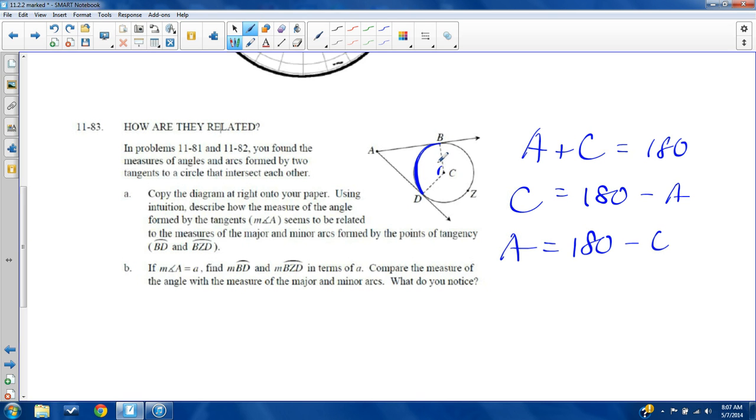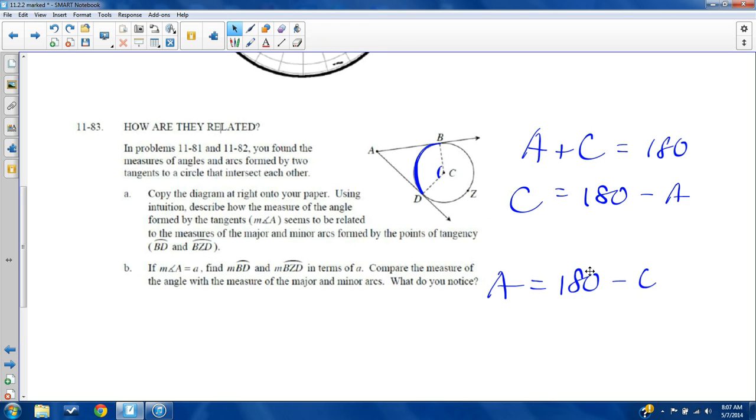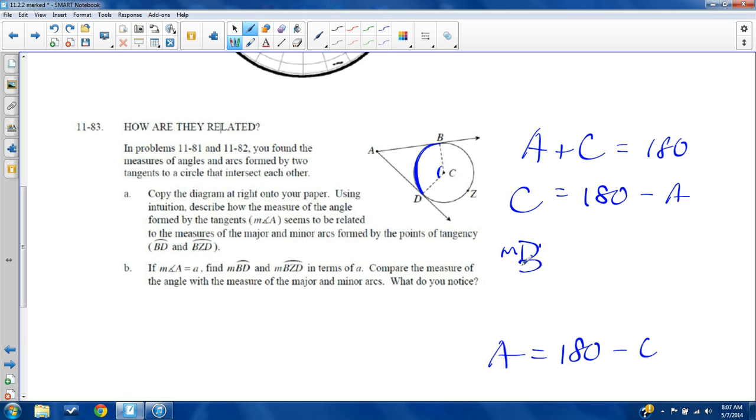So if that's true, then not only does C equal 180 minus A, but the measure of arc BD is also 180 minus A. So this intercepted arc right here is also 180 minus this angle right here, because these two add up to 180, and this is the same as that.